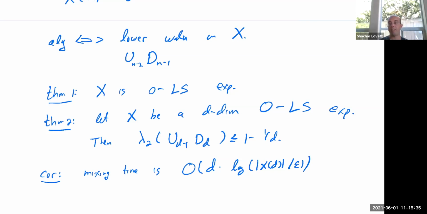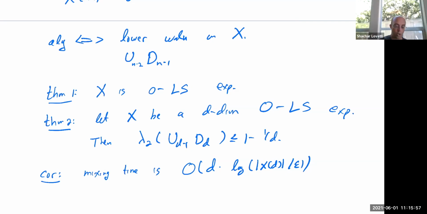Basically, after every d steps, you get constant mixing, and then it is log the number of nodes in the top level divided by epsilon. So this was a generic approach that we saw last time. And this applies not just for the spanning tree complex, but for any complex that is a zero local spectral expander.